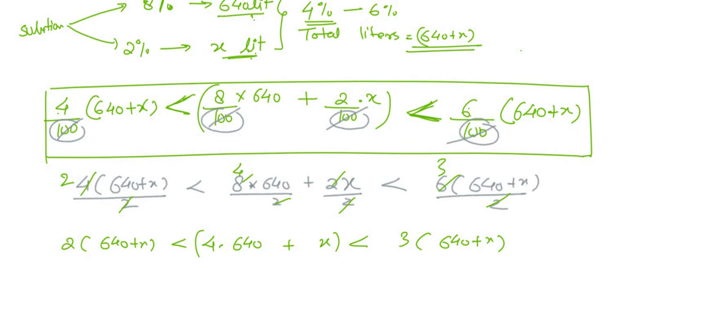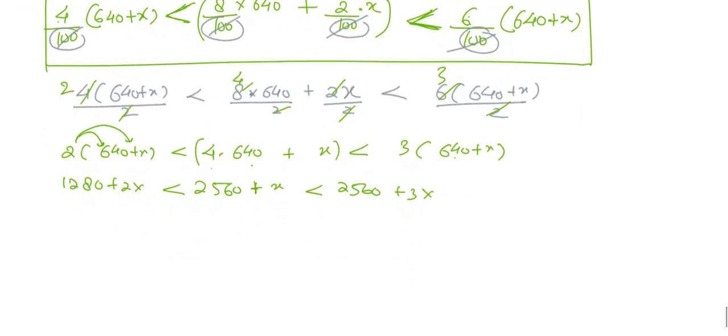So multiply here 2 into this into this. So it will be 1280 plus 2x less than, this into this is 2560 plus x less than, this into this is 2560 plus 3x. Okay, you can multiply.